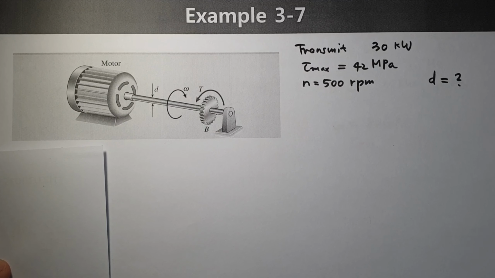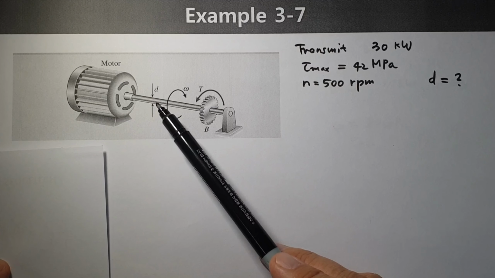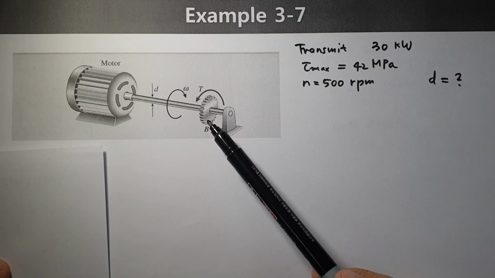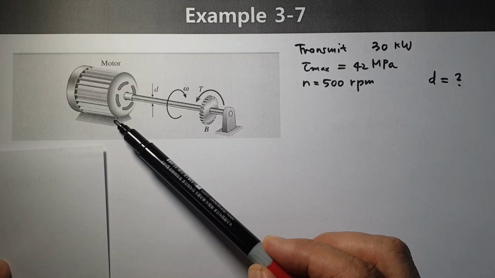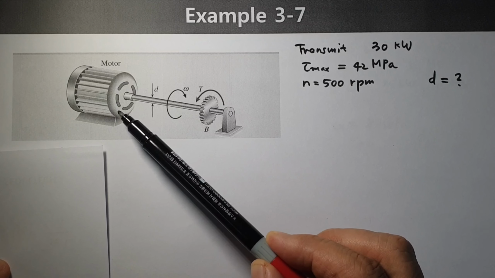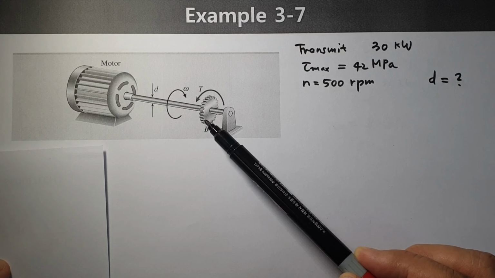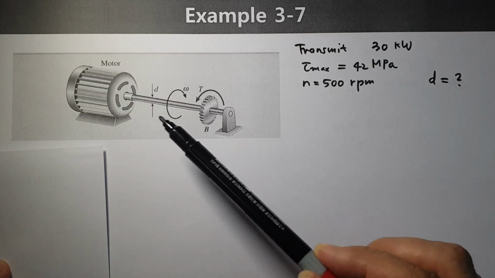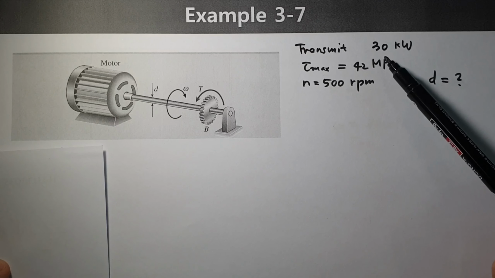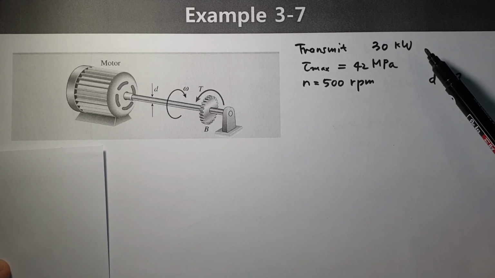In this example, we have a motor and shaft and gear. In the electric motor, we can generate rotational movement. The rotational movement is transmitted to gear. Here we have some values related to driving system. And the motor generates about 30 kilowatt.